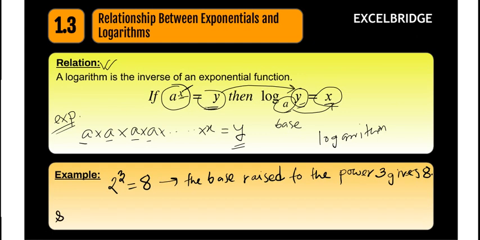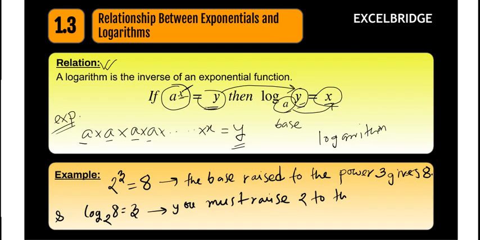And in logarithm form, log 2 of 8 equals 3: you must raise 2 to the power of 3 to get 8.